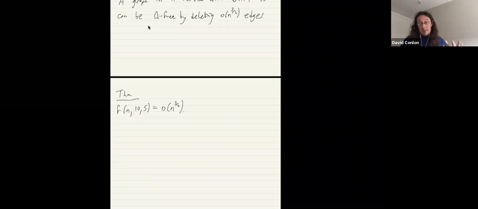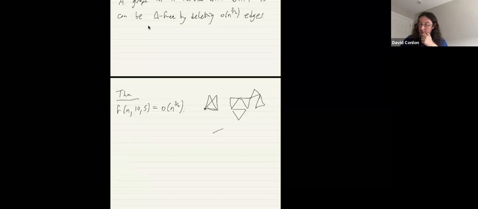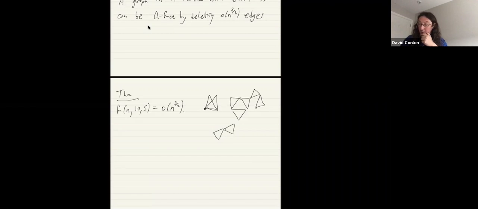In practice, what we're actually banning are these pairs. We're also banning these triangles, because if you have a 6-3 like this, then you can just add a couple of extra pendant edges and get a 10-5. Plus, we're also banning 5 cycles. In fact, we're banning 4 cycles and 5 cycles.